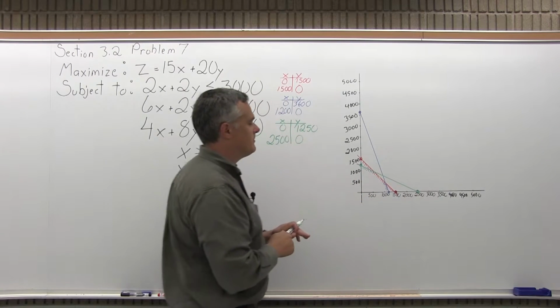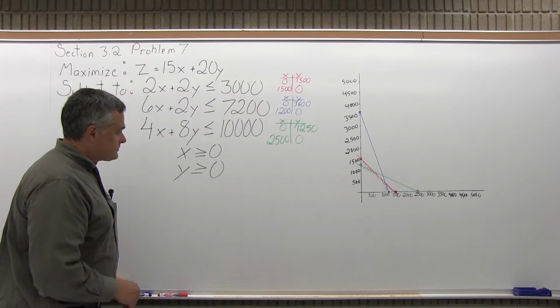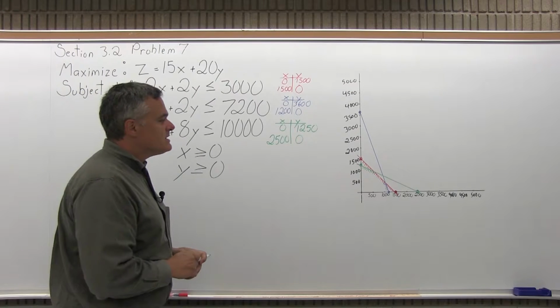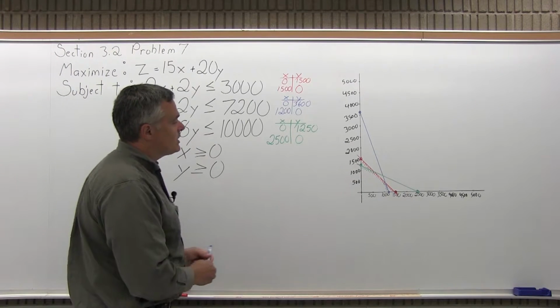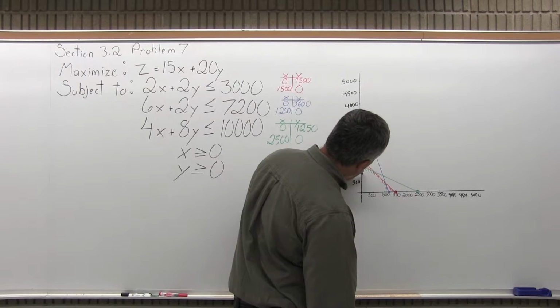And now the last two constraints with the x greater than or equal to 0, y greater than or equal to 0, do the same thing as usual. What's going to happen is the x greater than or equal to 0 forces the feasible region to stay to the right side of the y-axis.